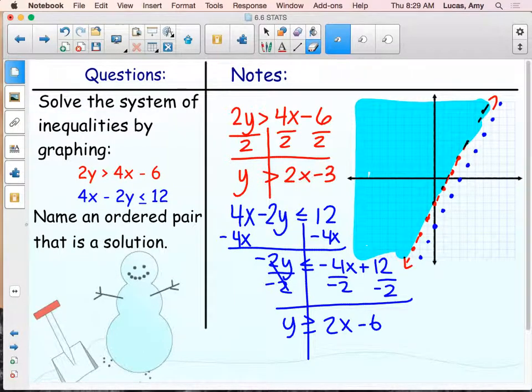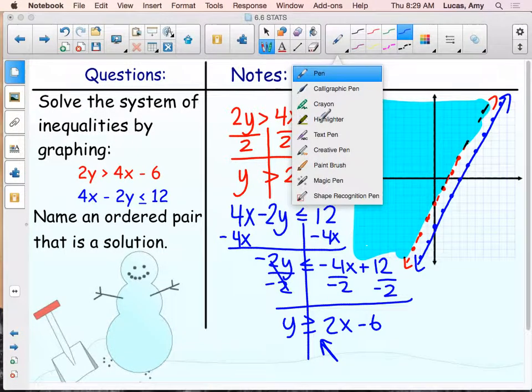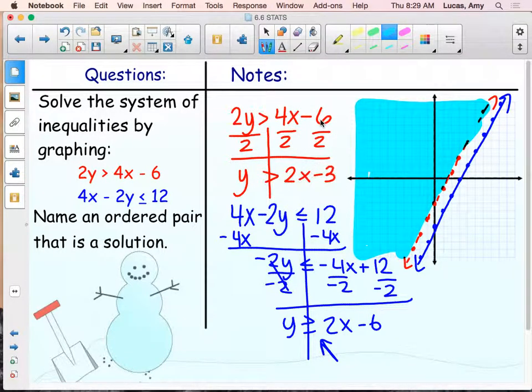That didn't work very well. Just trying to erase my shading a little bit. Okay, and this one is a solid line. And it is greater than or equal to. So greater than or equal to means that I'm going to shade above. I need to change that color.